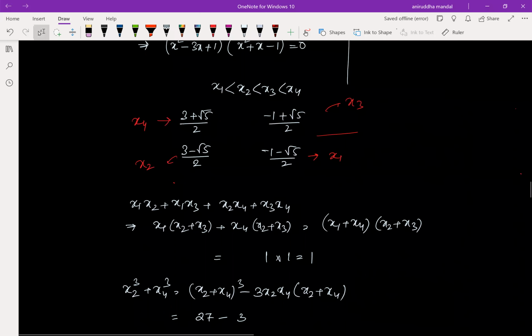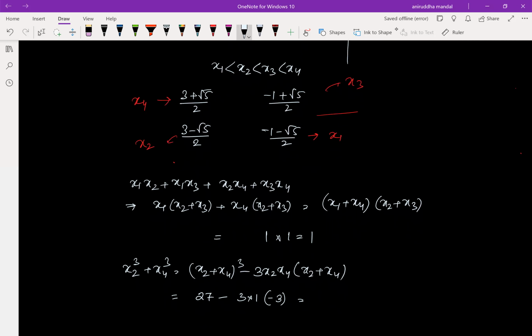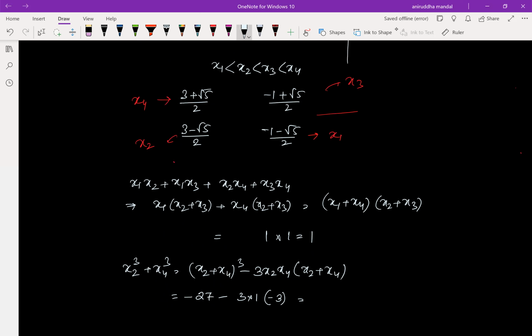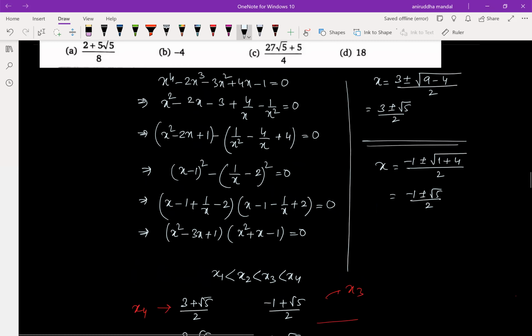So this is minus 3 by 1, and this is again minus b by a. So this is 3. So this is 9. Okay, this is minus 27. So which means this is minus 21.